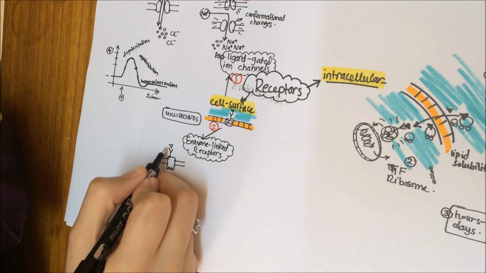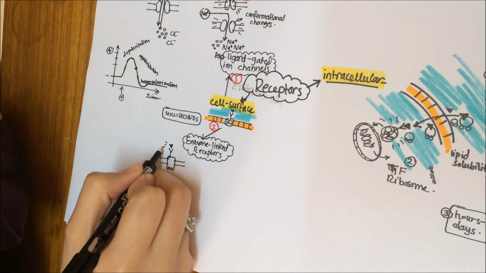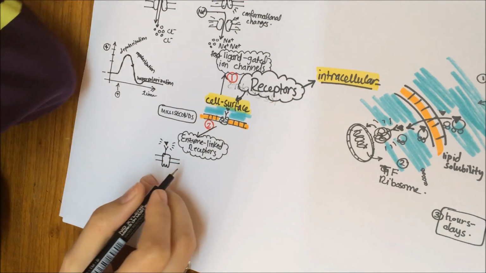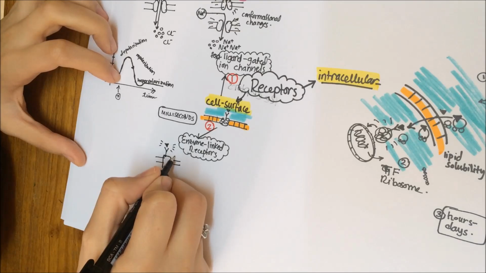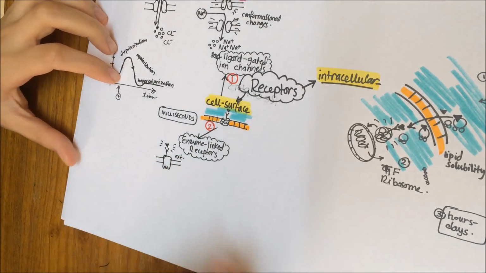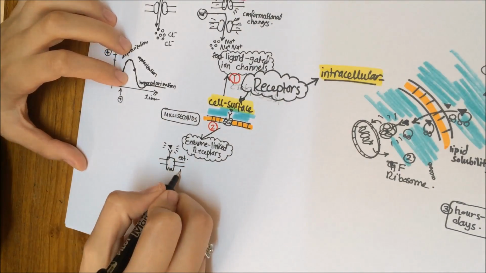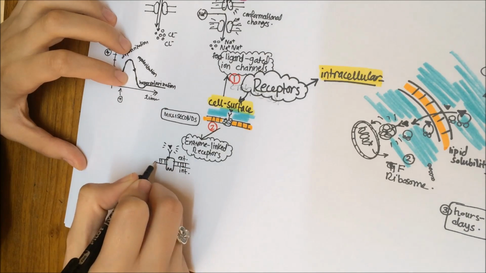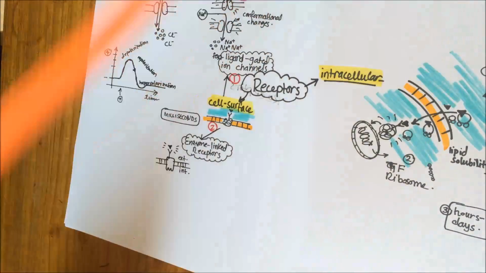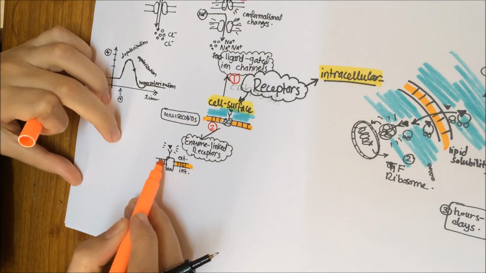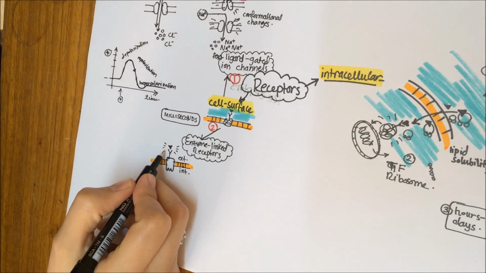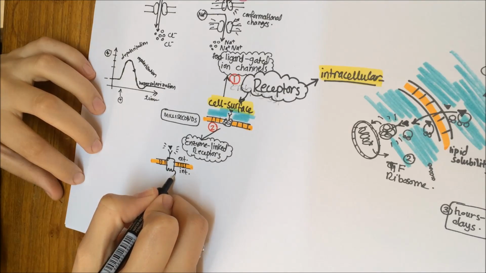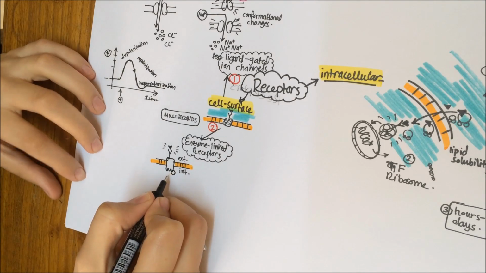Now the ligand comes and binds to this receptor. The receptor has two main parts: the extracellular domain and the intracellular domain. This is the lipid bilayer. In the extracellular domain, we have this site that the ligand will come and bind to. In the intracellular domain, we have a certain enzyme here.